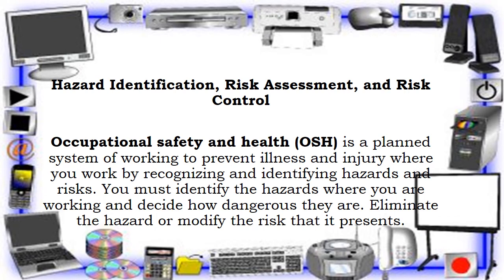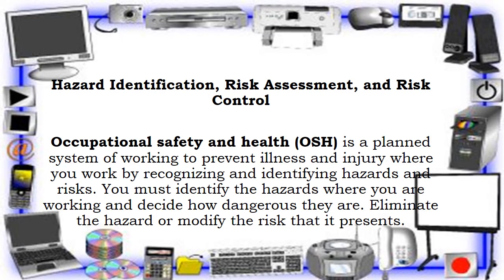So for this week, we will be focusing on hazard identification, risk assessment, and risk control. Before going to that, let us first understand what OSH, or Occupational Safety and Health, is.